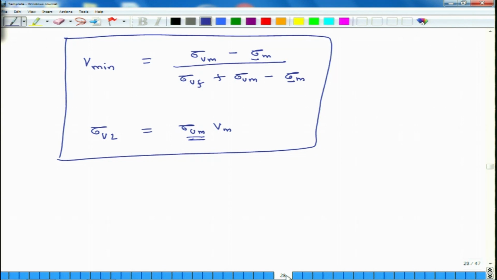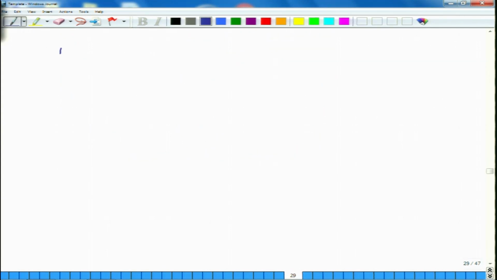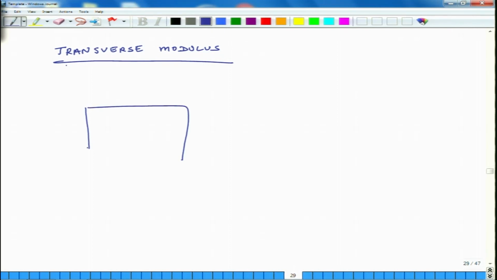The next thing we will discuss is transverse modulus. So, we will start by illustrating. What does transverse modulus mean?